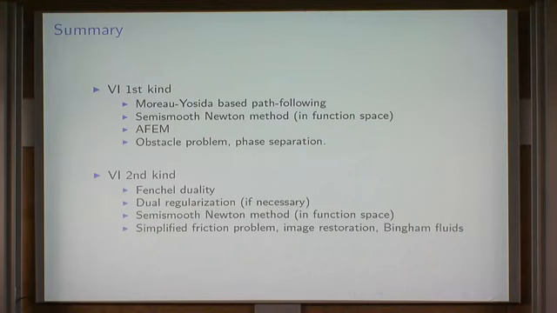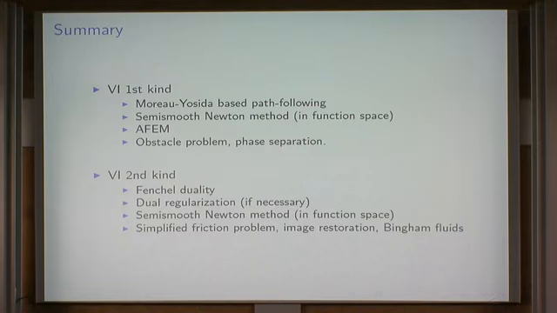I have not touched quasi-variational inequalities. We also worked on quasi-variational inequalities where the constraint set depends on the solution in its own right, and the quasi-variational inequality may not arise as a first-order condition of a minimization problem. This is more often the case than it being a first-order condition of a minimization problem.